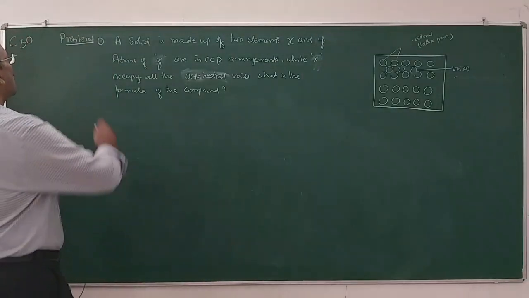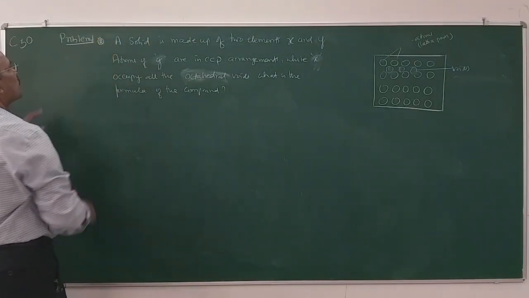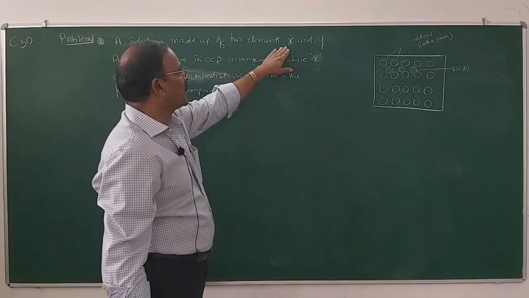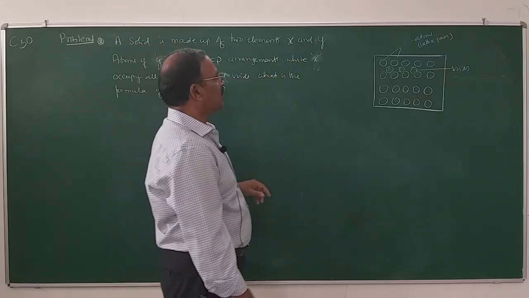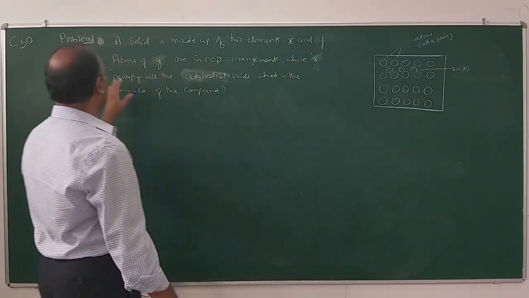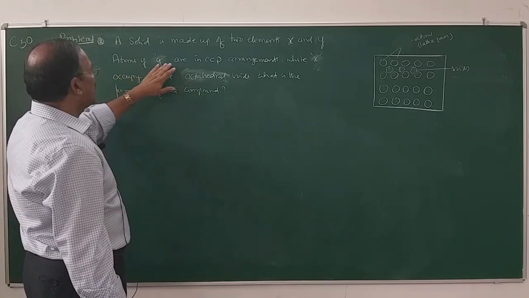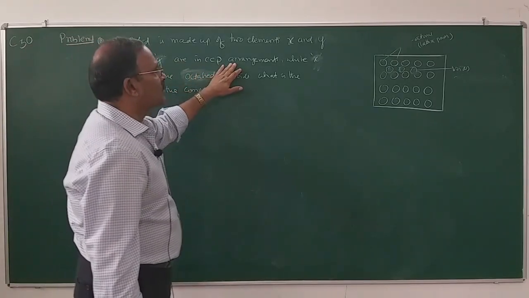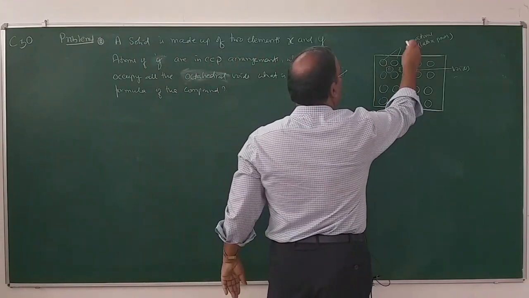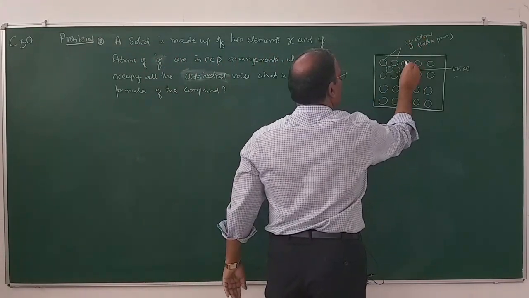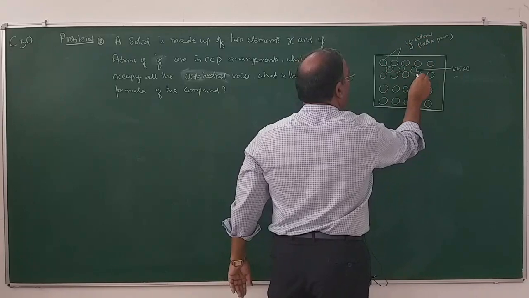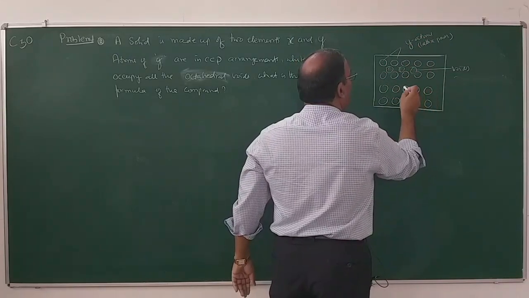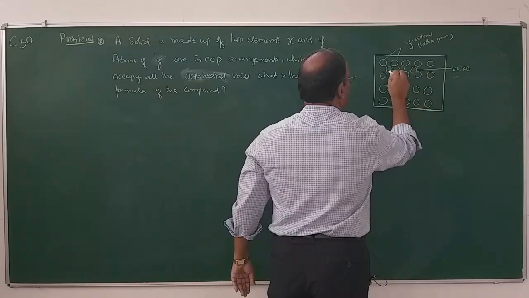So, this is the second problem. A solid is made up of two elements X and Y. Atoms Y are in CCP arrangement, which means atoms Y are in lattice sites, where atoms X are in voids.